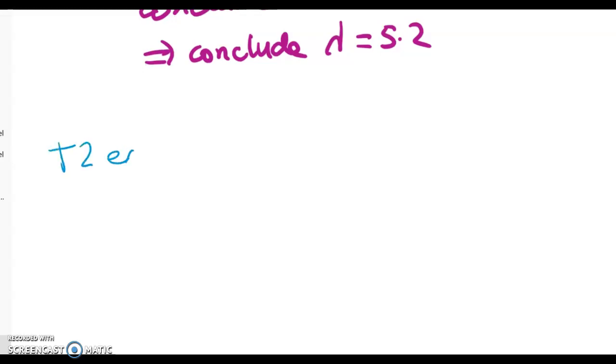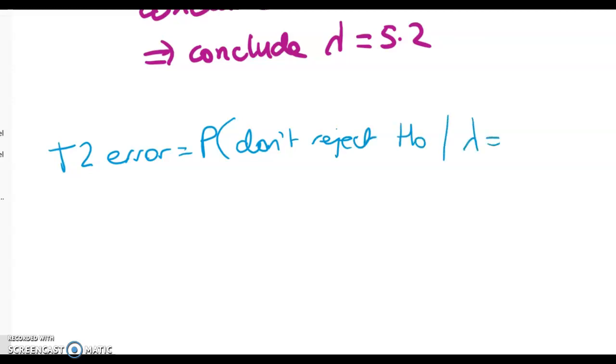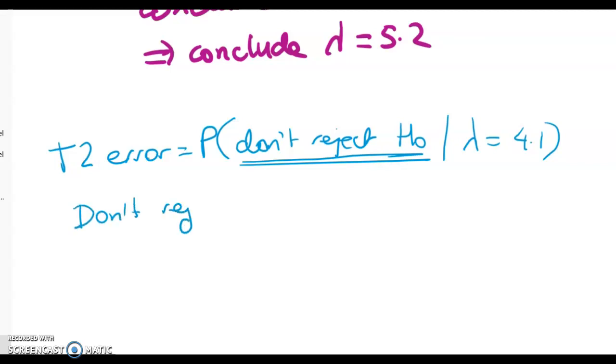A type 2 error is equal to the probability that we don't reject H0, given that lambda is equal to 4.1. You can see that we've worked out carefully my rejection region, so my non-rejection region: don't reject if x is greater than or equal to 2.